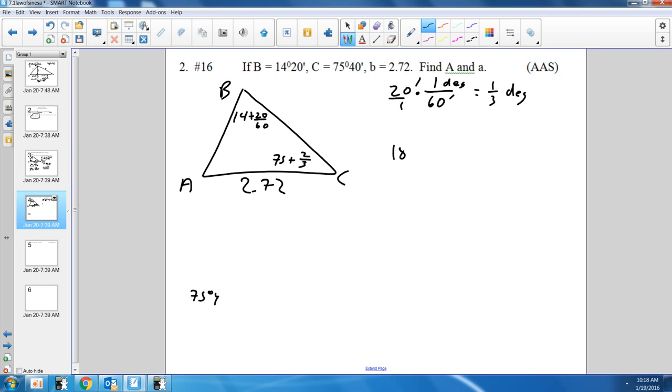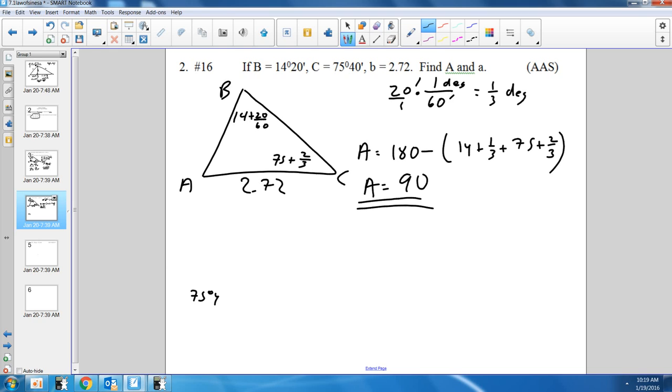So it would be 180 minus 14 plus 1/3 plus 75 plus 2/3. Those thirds become 1, 15 and 17 is 90. 180 minus 90 is actually 90. We have a right triangle here. So that's my first answer.